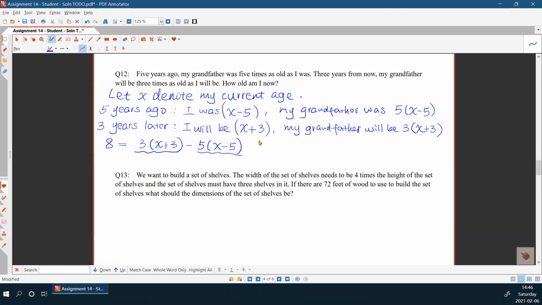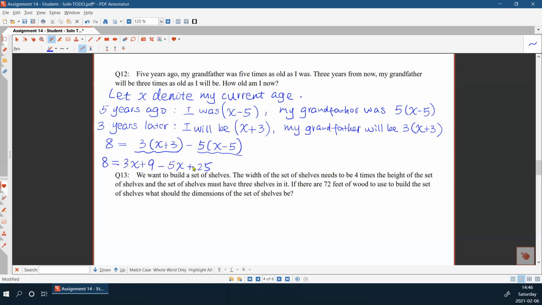And then from this equation, we can find that 8 equals, okay, let's expand everything on the right-hand side of the equation. This is 3x plus 9 minus 5x plus 25, right?